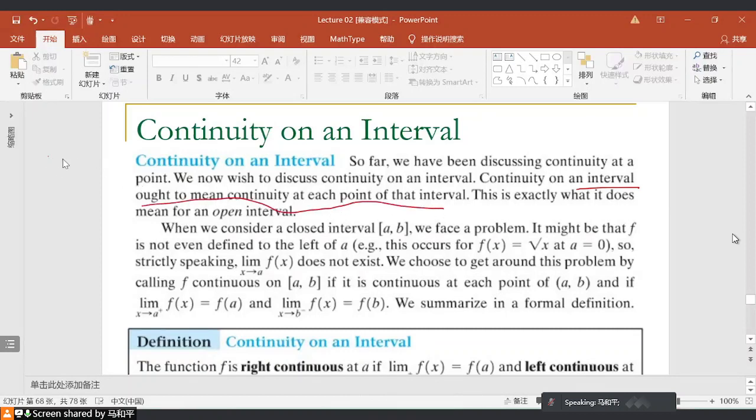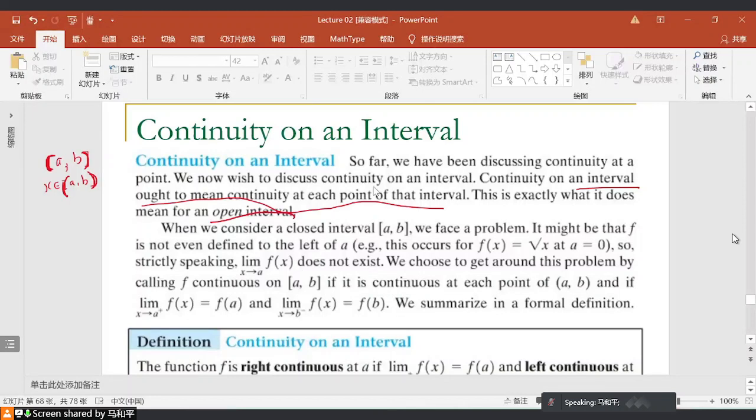This means, for example, f is continuous on the interval (a,b) if at every point in this interval f(x) is continuous. That's exactly what it does mean for an open interval. Open interval, okay?